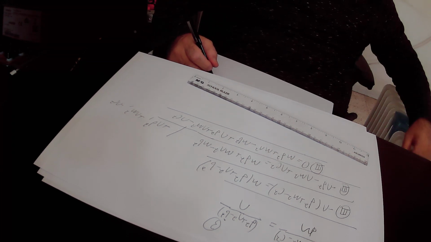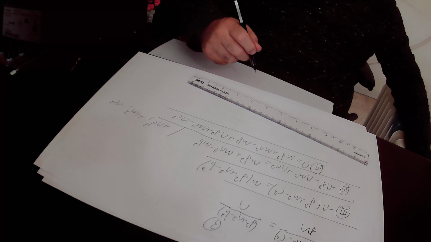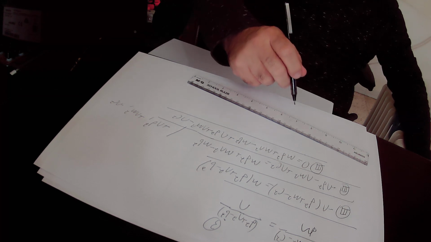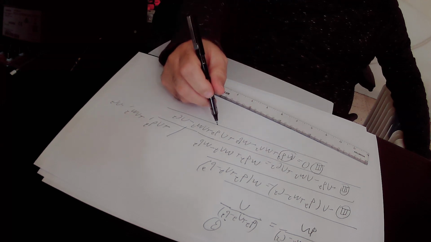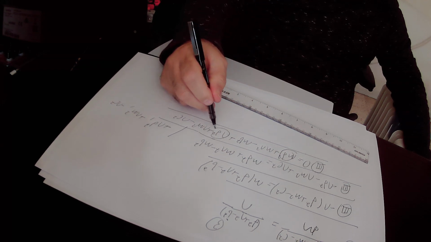In the next step, we'll take out this square as a common factor from this expression and from this expression.